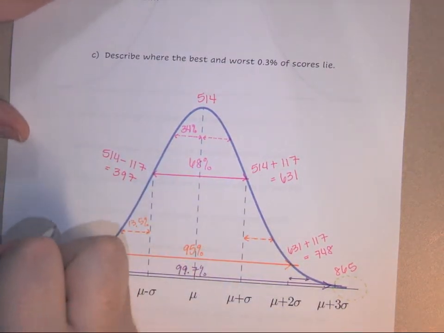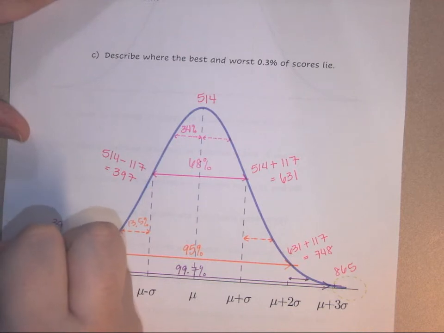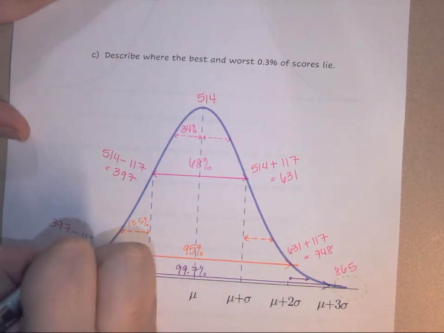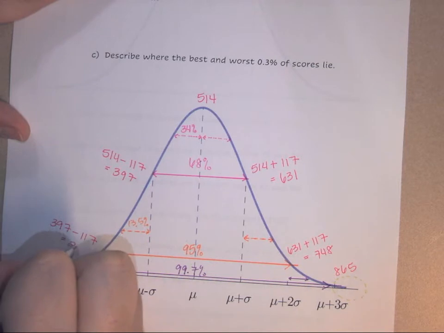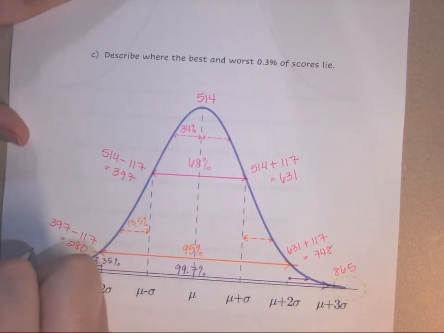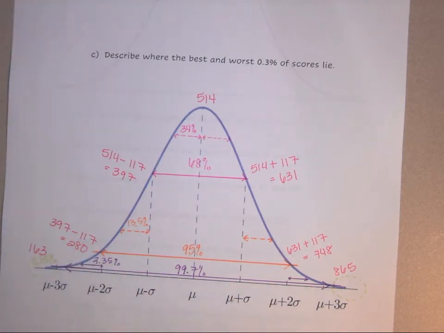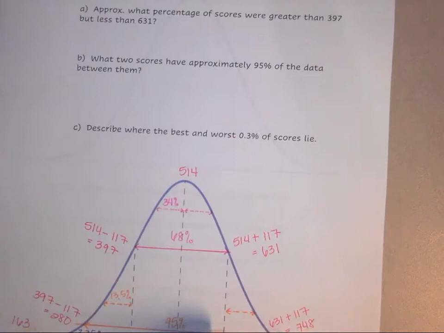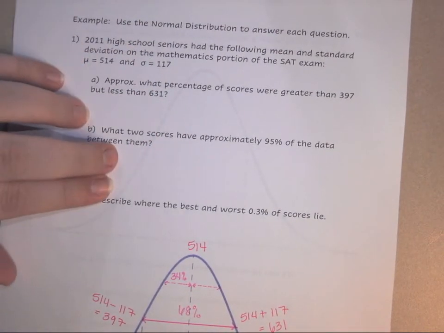If you go down to 2, this is going to be where I just was minus another standard, which is 280. Come down to the bottom and we end up with 163. Once you get it all labeled, then you can go in and answer your questions.